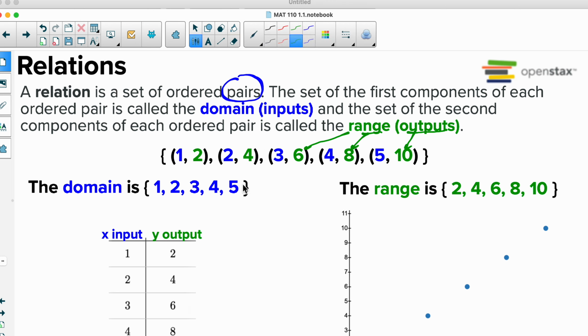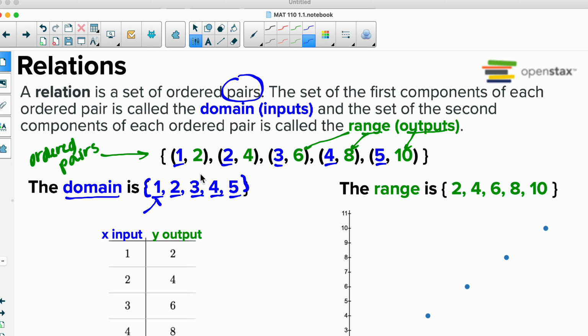So we can write the relationship in ordered pairs. Or we can write the domain, which we'll do frequently, and just indicate all the elements of the domain. So in this case, of these relations here, I've got 1, 2, 3, 4, 5 as my domain, and I include them here with these little brackets.